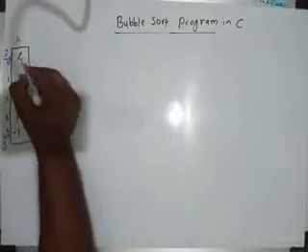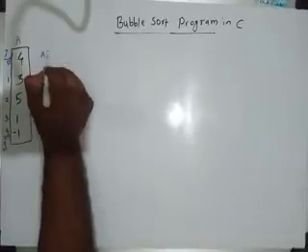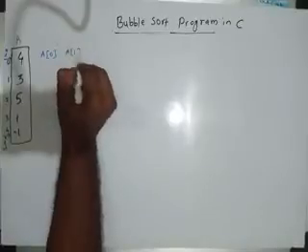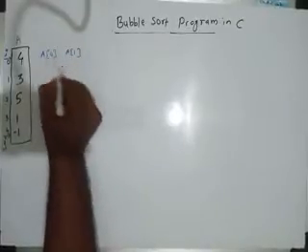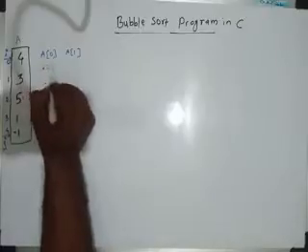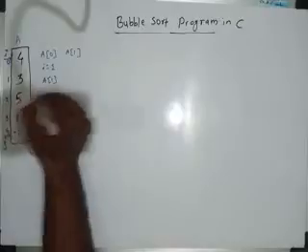So I'll be starting comparisons like A of 0 will be compared with A of 1. So when I is 0, this comparison will be performed. Then I'll increment my I by 1. Then I'll compare A of 1 with A of 2.